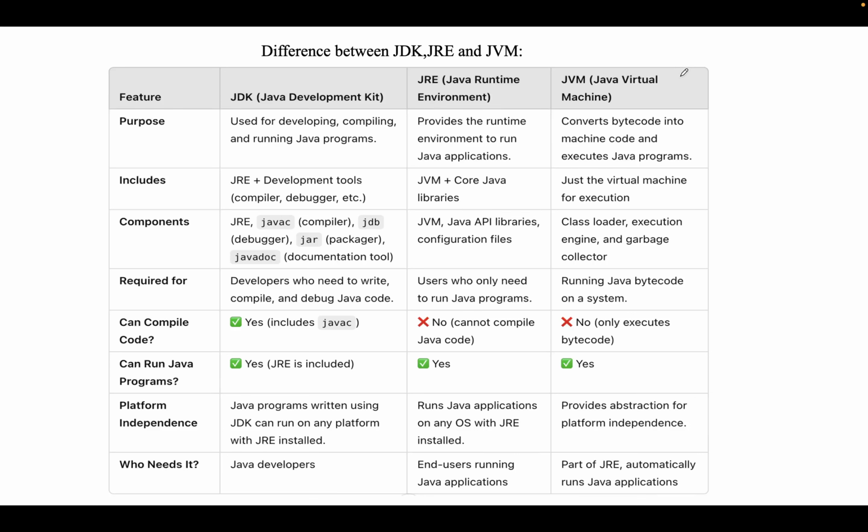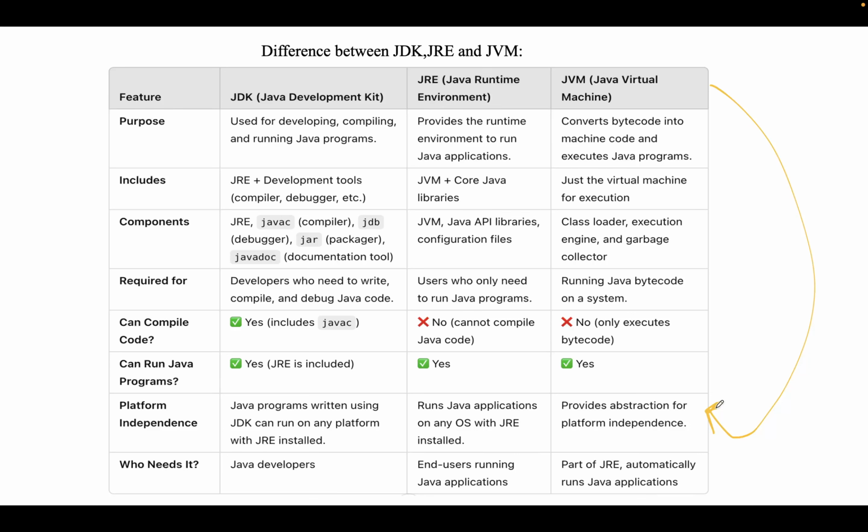Actually, Java is platform independent, but the JVM is not platform independent. It is platform dependent. How? The JVM converts the bytecode into the machine understanding code of the system on which the JVM is installed.